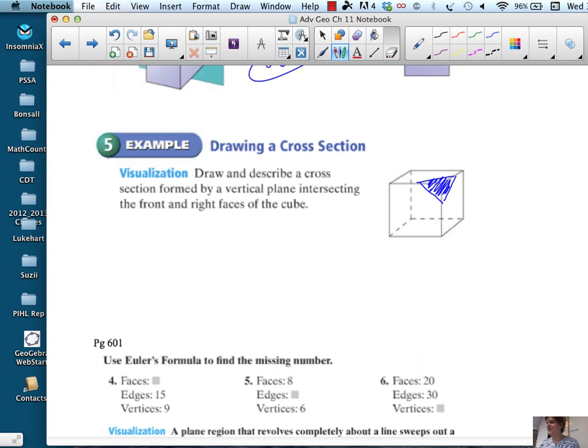But based on the fact that it just has to intersect the front and the side, I know that it's going to be a triangle. And that's all I can say about it. I don't know if it's isosceles or equilateral because they didn't give me enough information.